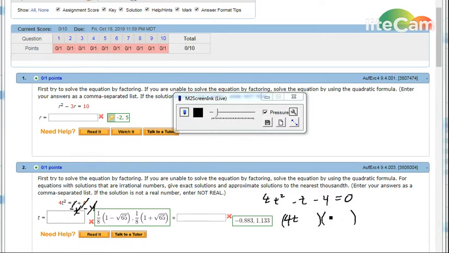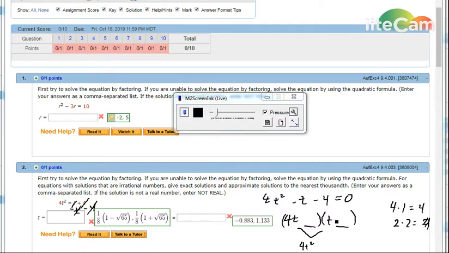If we put 4t at the beginning, we have to put a t here because 4t times t is 4t squared. Now, in these spaces here, we can either put a 4 and a 1 because 4 times 1 equals 4, or we could put a 2 and a 2 because 2 times 2 is 4. One of these has to be negative.